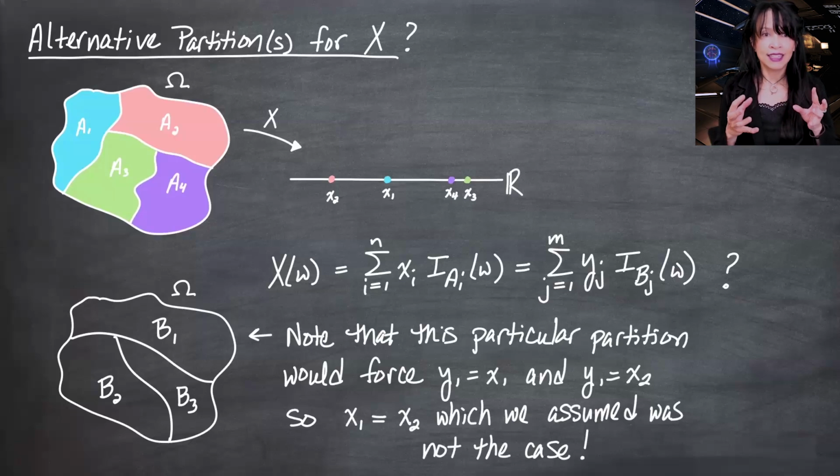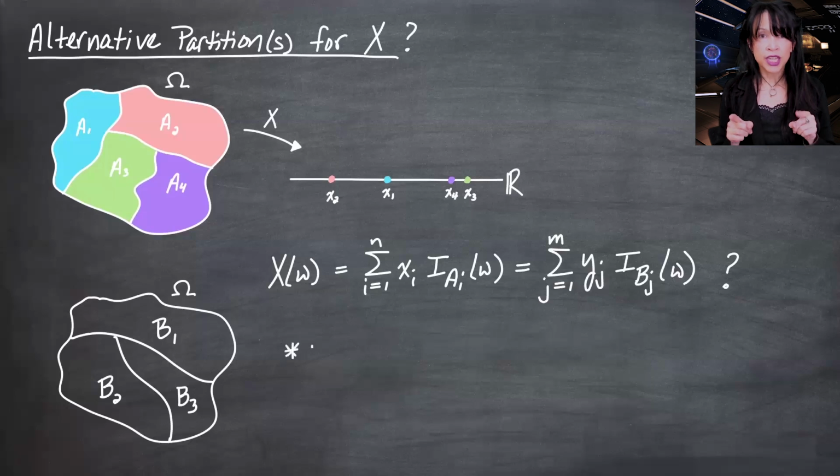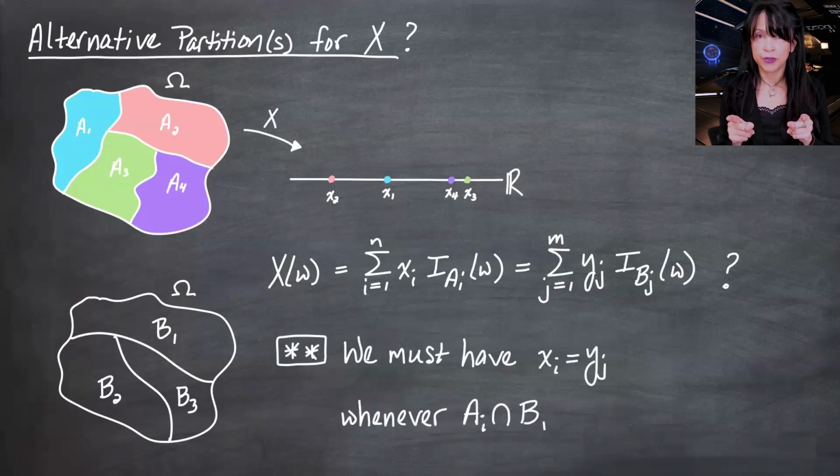And these 2 particular partitions, if this is the canonical one, give us a contradiction, because our canonical partition assumed that the little x's, the coefficients, were all distinct. In particular, anytime one of these sets, A_i, intersects with one of these sets, B_j, and that intersection is non-empty, the associated coefficients must be equal.